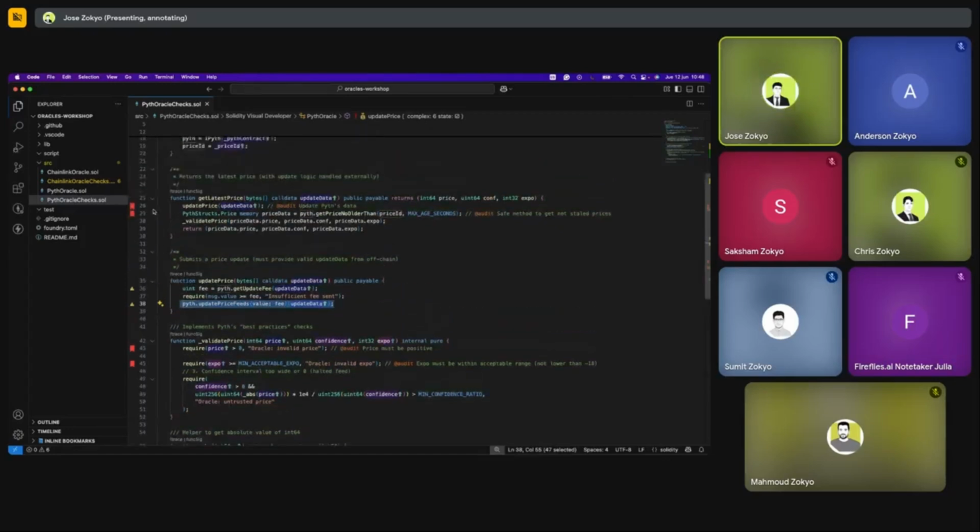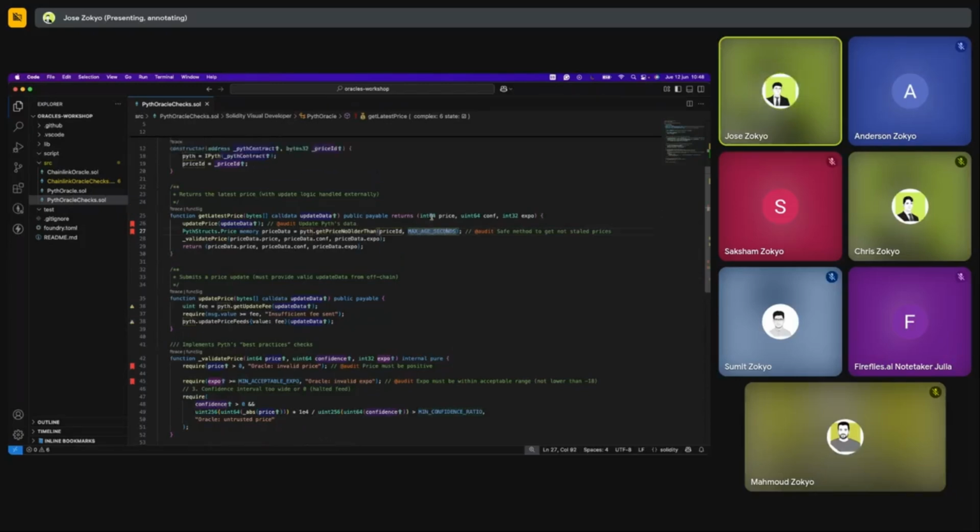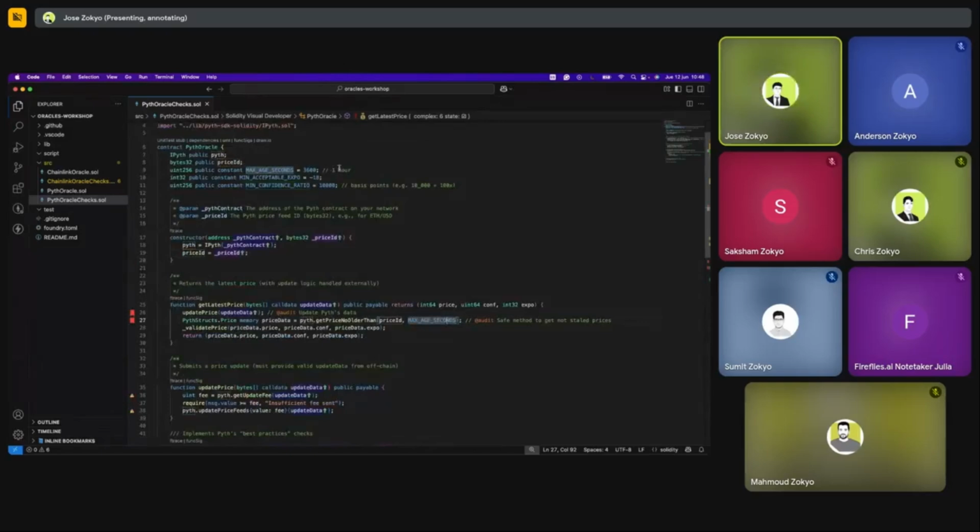And we are no longer using get unsafe price, but Pyth also gives us the opportunity of using get price no older than, which is basically what you are maybe thinking of. You could introduce the maximum time frame that you want to be getting your price. That would be the staleness threshold.